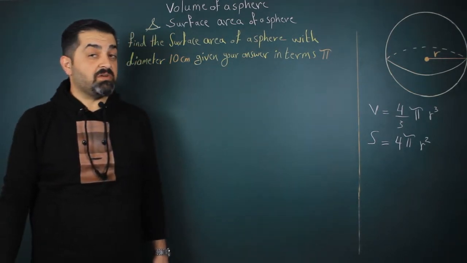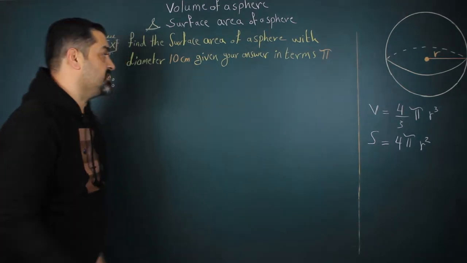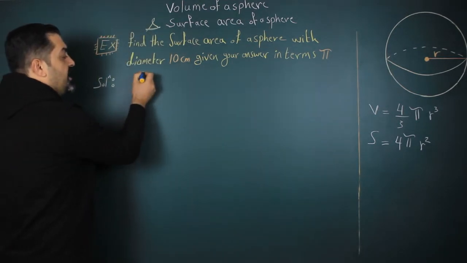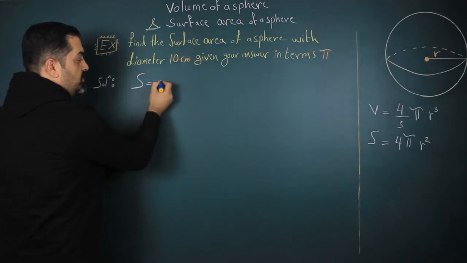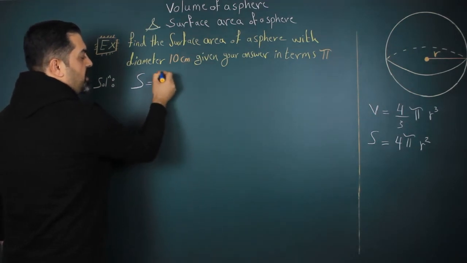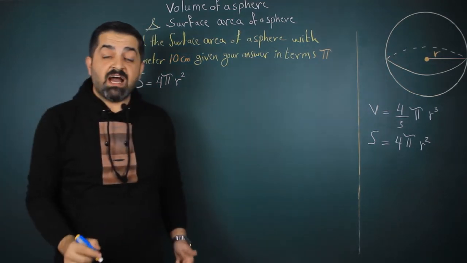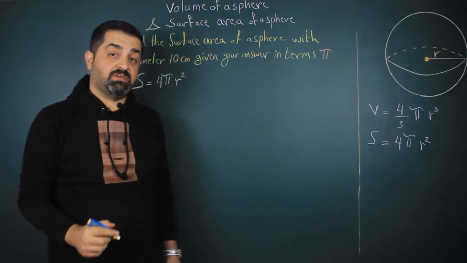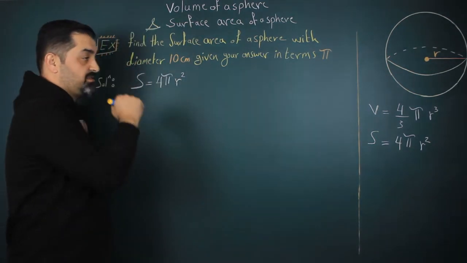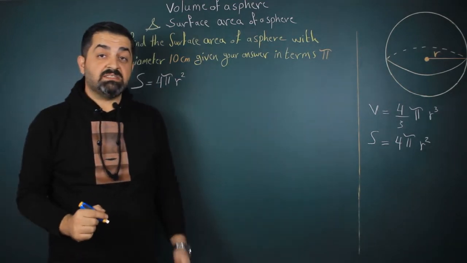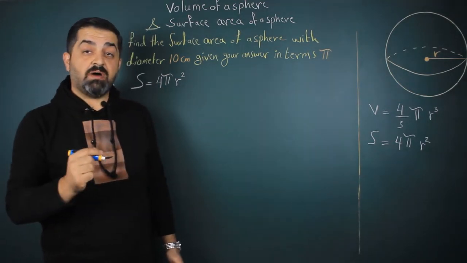So let's begin with the formula of surface area of a sphere. It is S is equal to 4 times pi times r squared. We already have the diameter of the sphere. It is 10 cm. So the radius is equal to the diameter divided by 2.